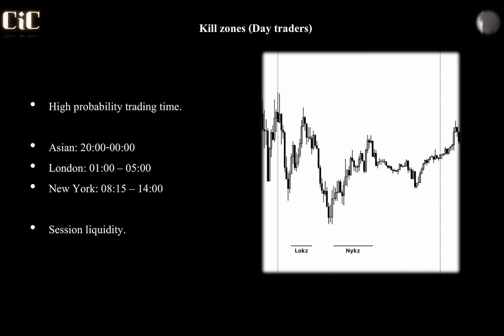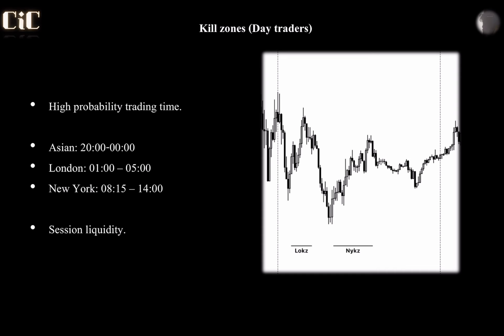And a phenomenon for your study is session liquidity, which is, what does New York do when it turtle soups London's liquidity? And vice versa. Each session is taking the liquidity of the previous session and moving in a certain pattern.